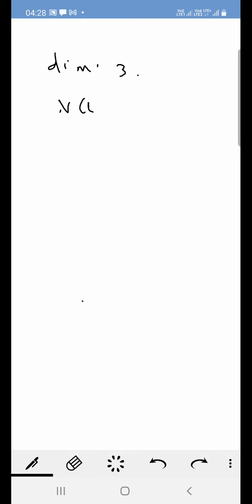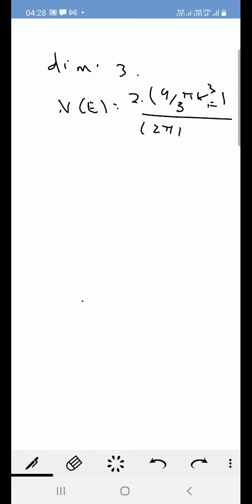The number of electrons Ne is equal to 2 into 4/3 pi Kf cube divided by the volume, that is 2 pi by L whole cube. Now this is the number of electrons in the occupied region.